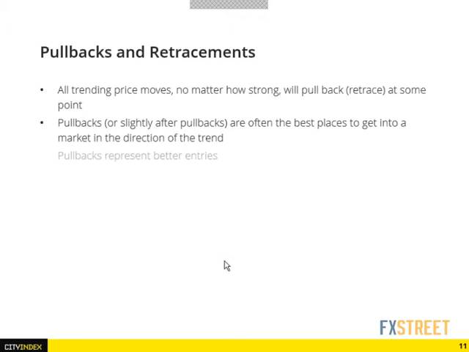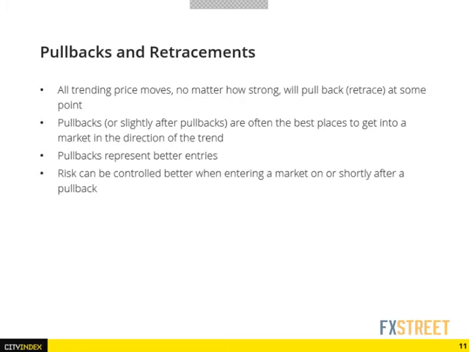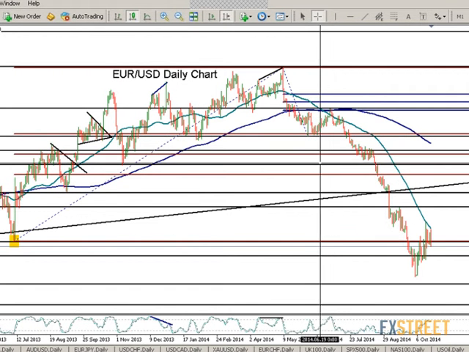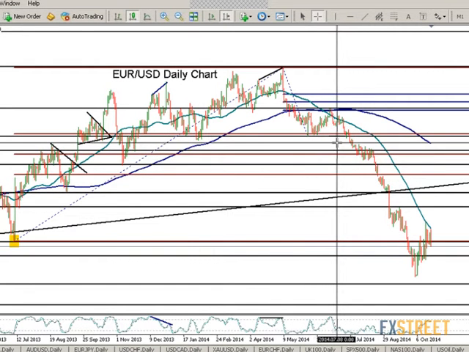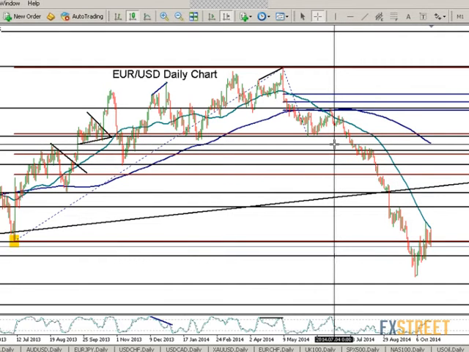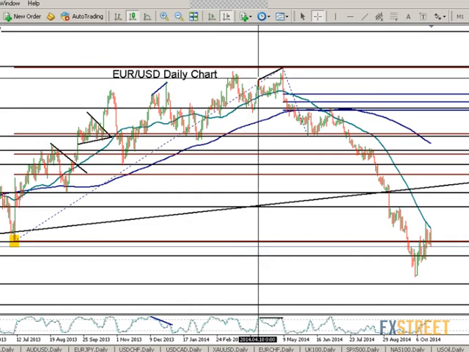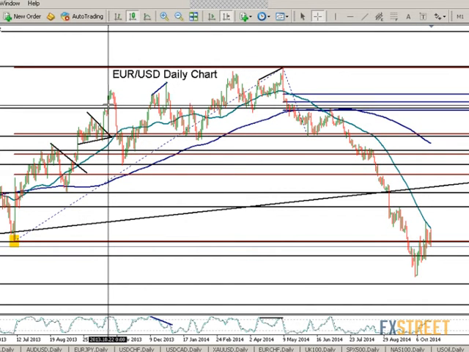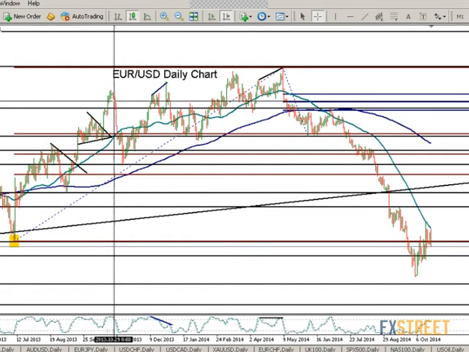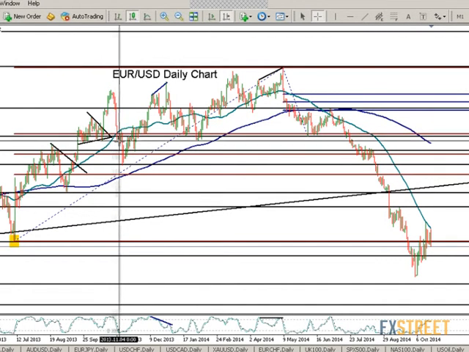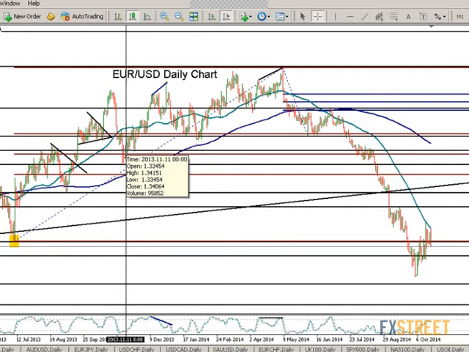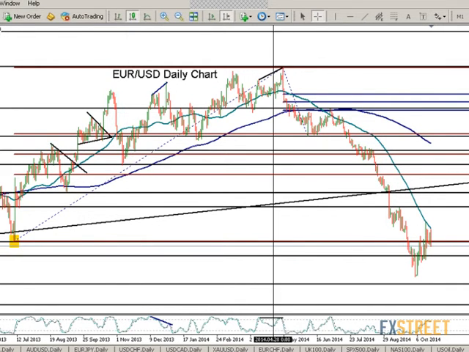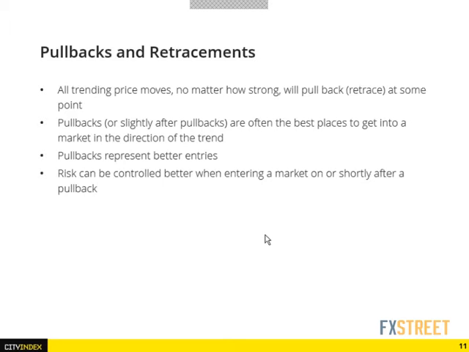Okay, so pullbacks represent better entries. Why do they represent better entries? Well, if you just take a runaway market and you just take any breakout, let's say you're going to the upside, you get in here and you take the breakout, so you're getting in at a relatively high price. If you wait for a pullback, then you're getting in at a relatively low price, and it's just a better entry in general.